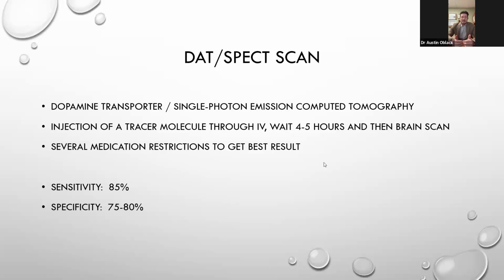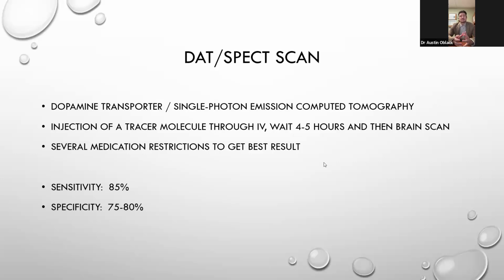We use this scan to see how well that tracer lights up that area of the brain. And in a normal person, that area of the brain lights up because it absorbs that tracer very well. In a Parkinson's patient, because that area of the brain is degenerating, it doesn't absorb that tracer very well. It doesn't light up very well. And so that's where we see the differences.